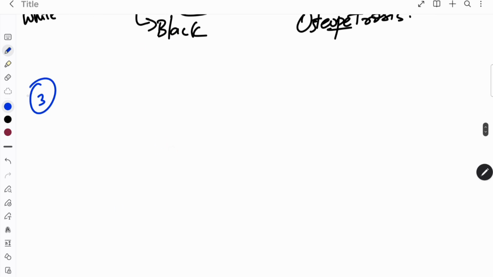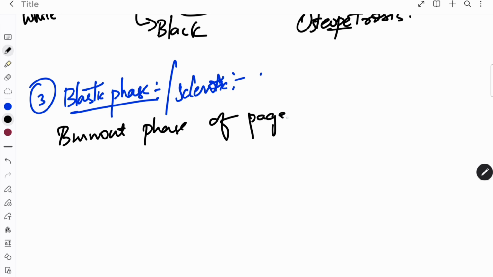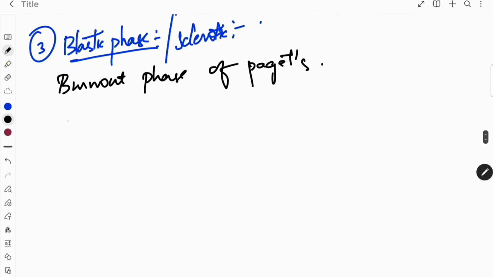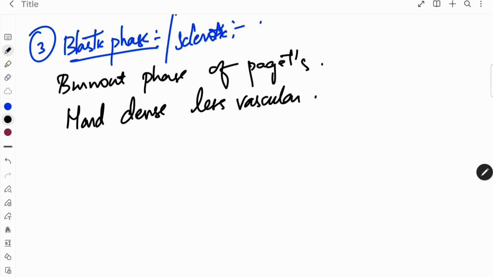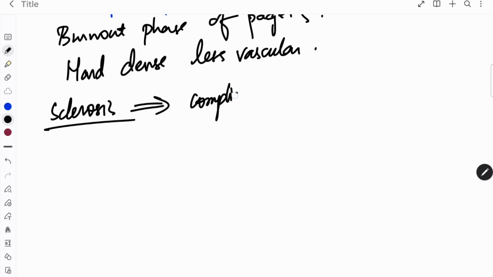And the third phase is the blastic phase, which is also known as the sclerotic phase, which is the burnout phase of Paget's. Here the bone will be hard, dense, and less vascular. So the sclerosis will lead to complications.